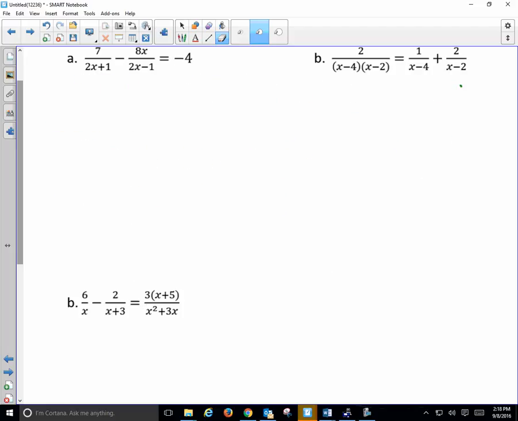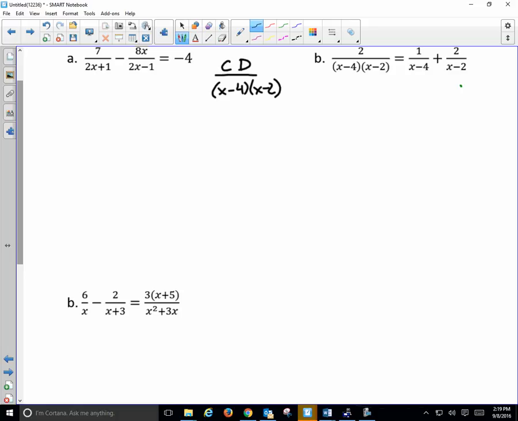Look at letter B. What's the common denominator for letter B? Everybody agree that that's the common denominator? Do you need to multiply this by anything to make the denominator x minus 4 times x minus 2? So this is good to go, isn't it?